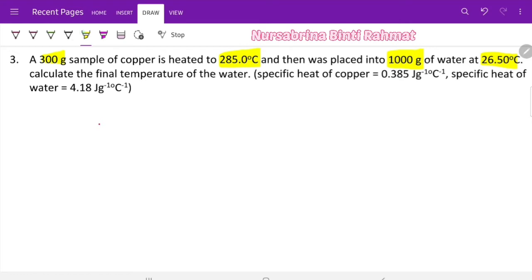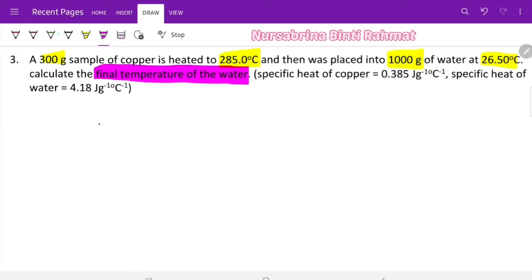So calculate the final temperature of the water. They give you both the specific heat capacity of copper and water. To solve this, you need to calculate the final temperature of water, which is equal to the final temperature of your copper.